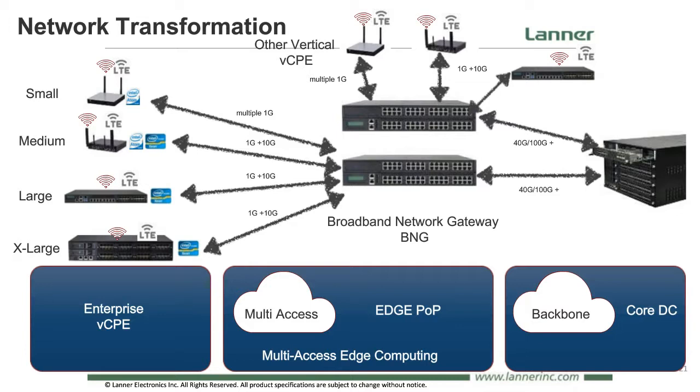UCPE is not only intended for enterprise markets, but also finds its space in multiple other vertical markets, such as industry sensor networks, as well as IoT connectivity, in a cost-sensitive approach, as seen at the top of this slide. Due to its size and cost sensitivities, it is crucial to either offload some applications to the edge at the central office, or optimize the UCPE itself to host multiple VNFs.